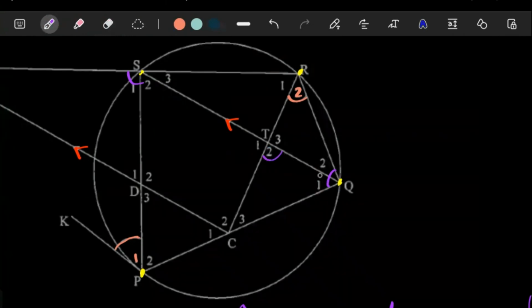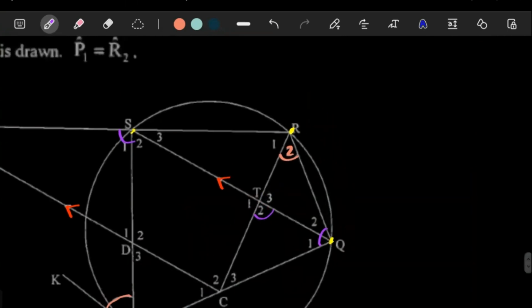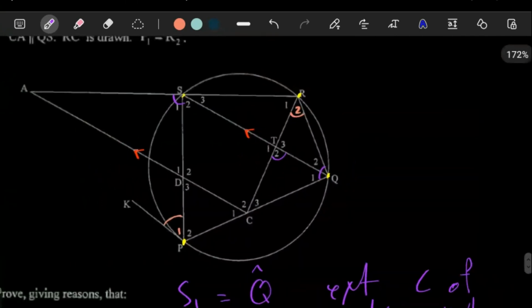So let's look for something that this whole angle is equal to. We're thinking, okay, what do we have? We really don't have much. T2. Wow. The RCPT doesn't seem to be helping us much.